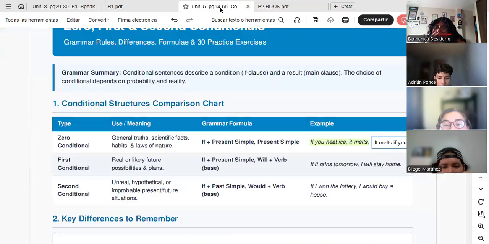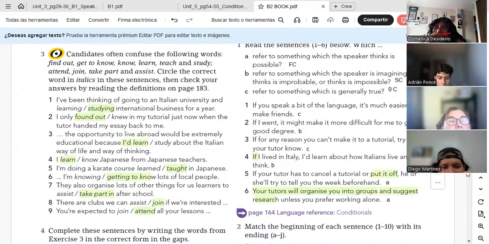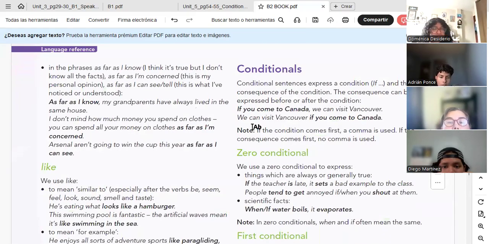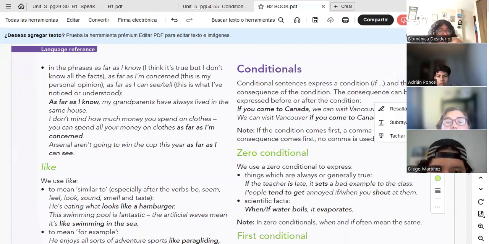So let's see explanation in the book. This is a summary explanation. Está más resumida. Let's see explanation in the book. So page 164. So conditional. Hey Diego, could you help me reading this explanation, like the definition? Conditional sentences express a condition, if, and the consequence of the condition.